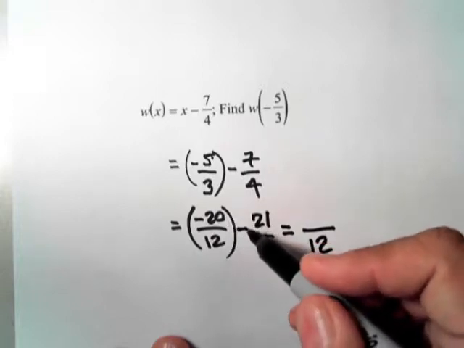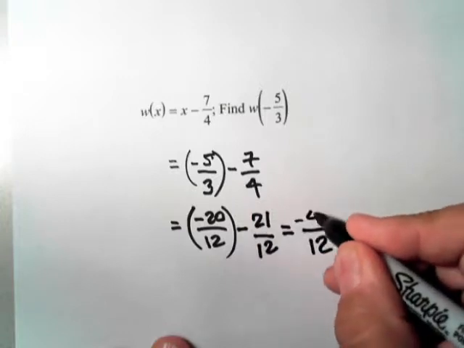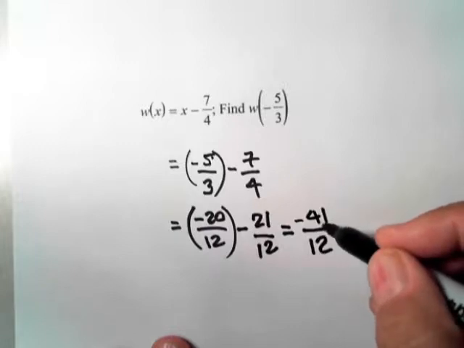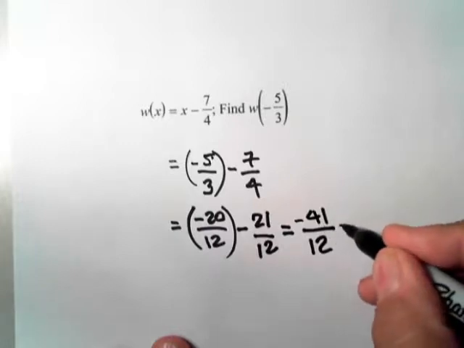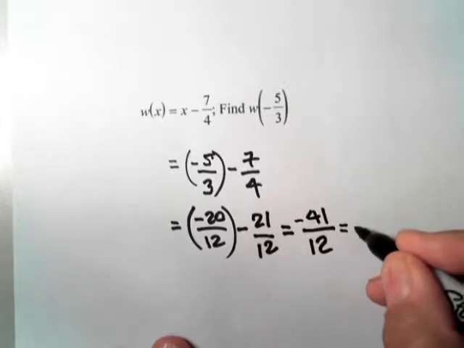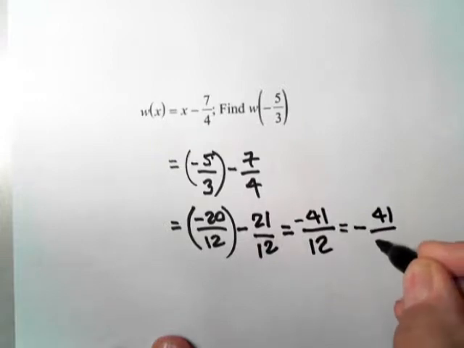So -20 minus 21 is what? -41. And I don't think there's anything in 12 that will reduce into 41. If the answer is negative, the thing we normally do is put the single minus sign out in front. Here it is, -41 over 12.